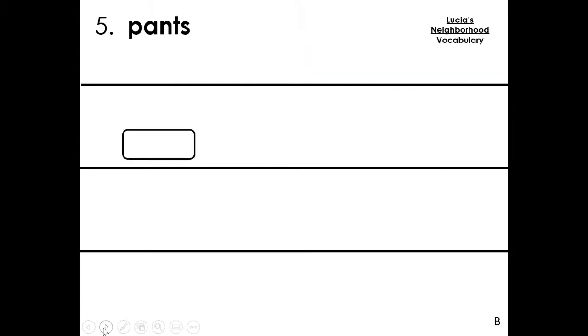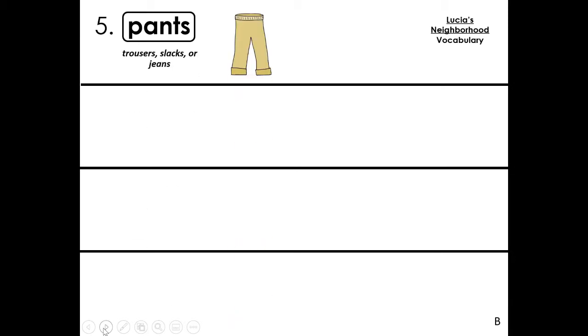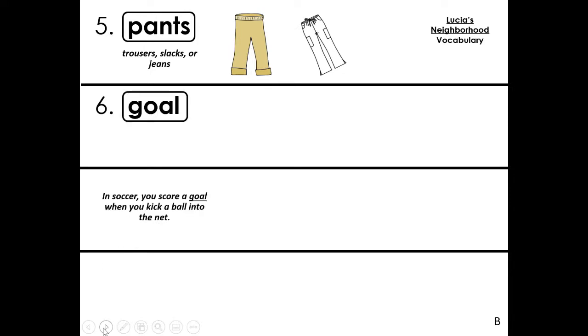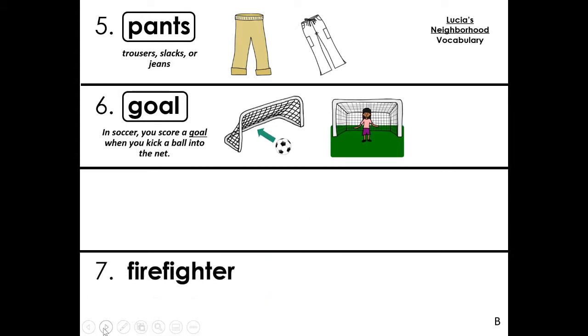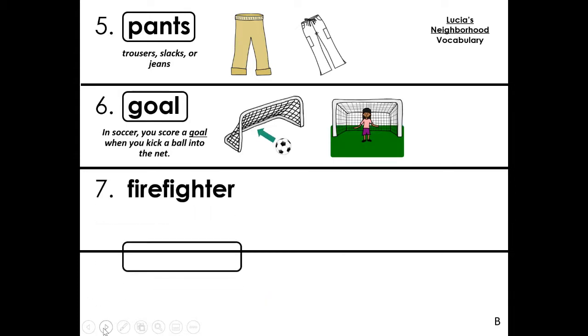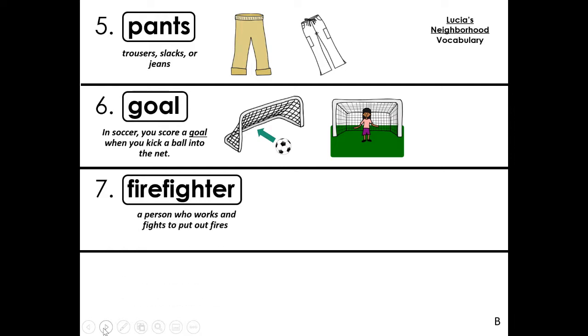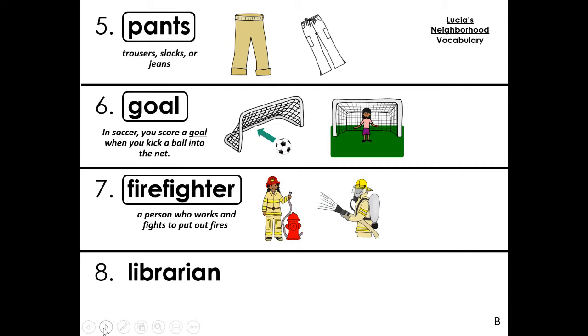Number 5, pants. Trousers, slacks, or jeans. Pants. Number 6, goal. In soccer, you score a goal when you kick a ball into the net. Goal. Number 7, firefighter. A person who works to put out fires. Firefighter. Number 8, librarian.